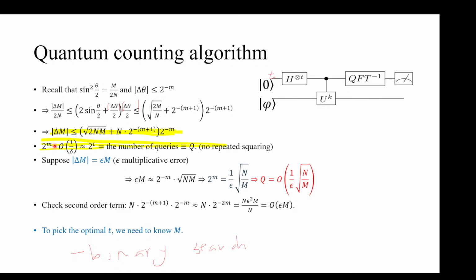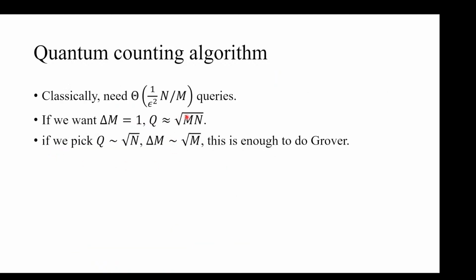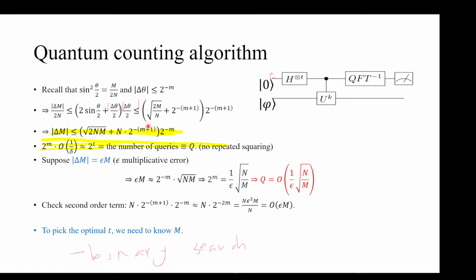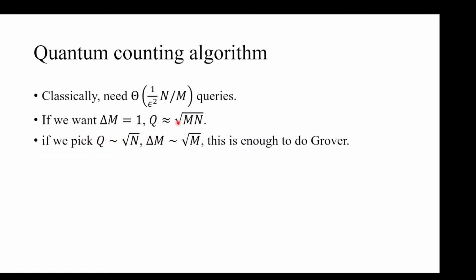That means 2 to the m is about order square root n, and this is pretty large usually. Again, this thing also depends on n, and in particular, if your m is order n, then it's hard to get an exact count of the number of marked items you have. So you get no quantum speedup if m is order n and you want exact counting.